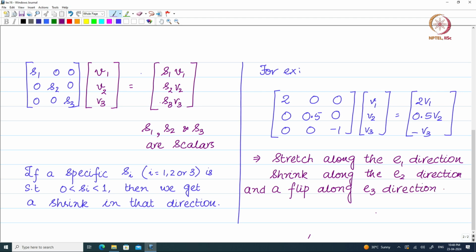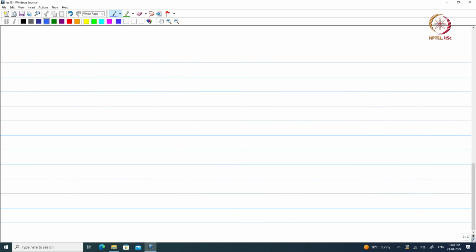I hope we recall the E1, E2, E3 directions: E1 is equal to 1 0 0, E2 is equal to 0 1 0, and E3 is 0 0 1, right. Yes. Now let's have this question.